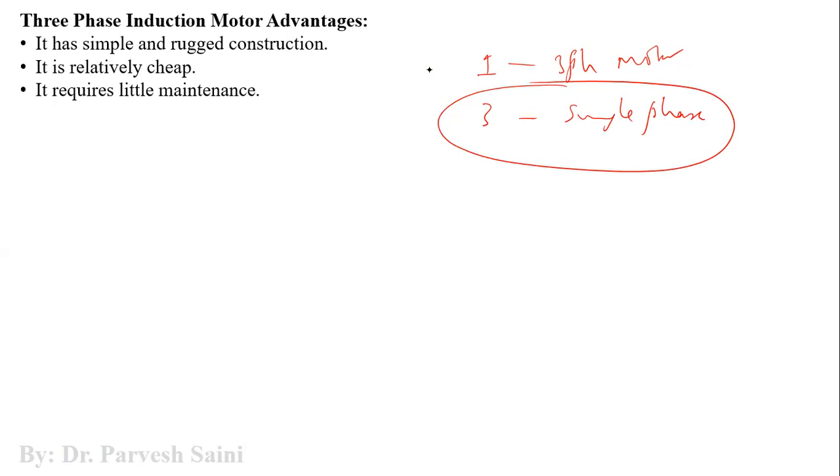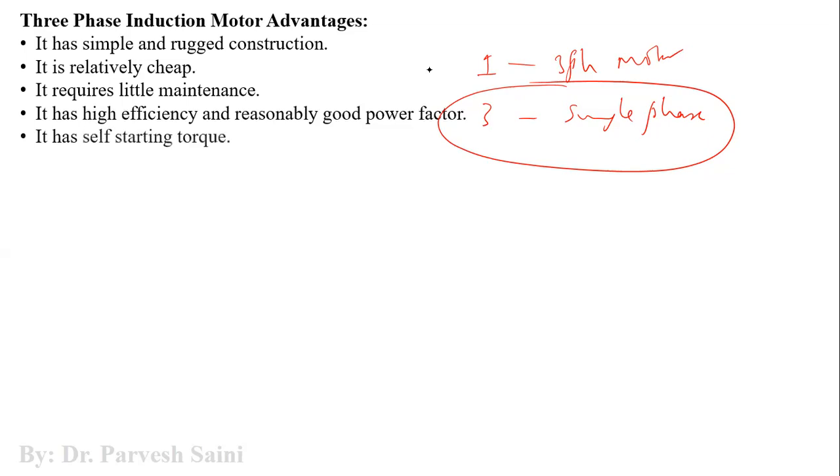The work of these three single-phase motors can be obtained from a single three-phase motor, and hence it is quite cost effective. It can be easily maintained, and because its power factor is good, its efficiency will also be good.